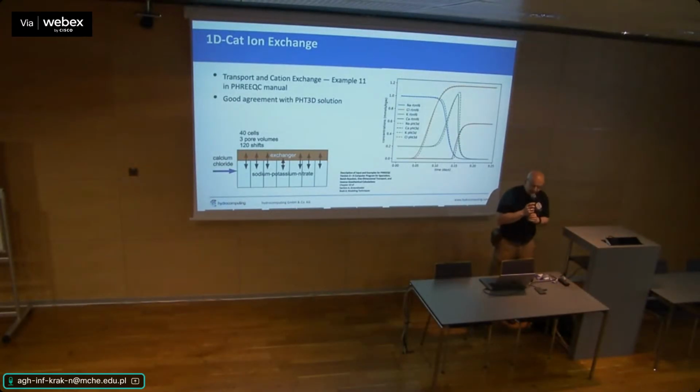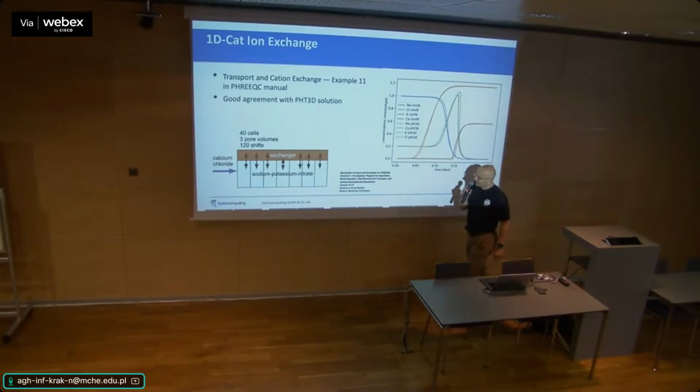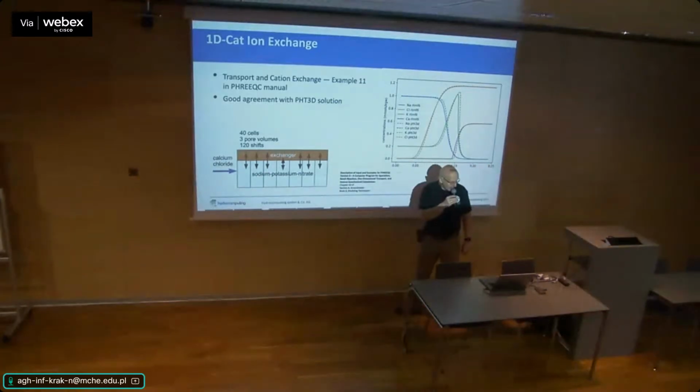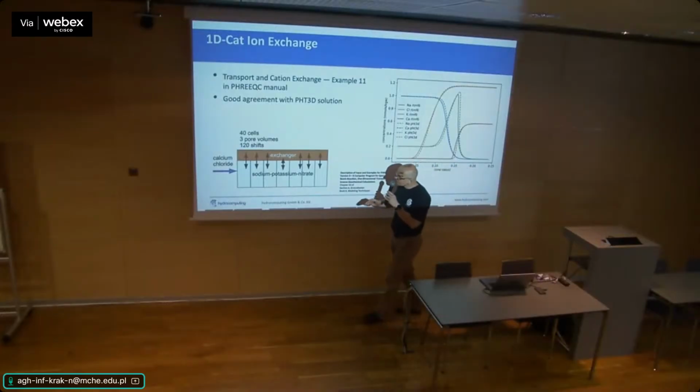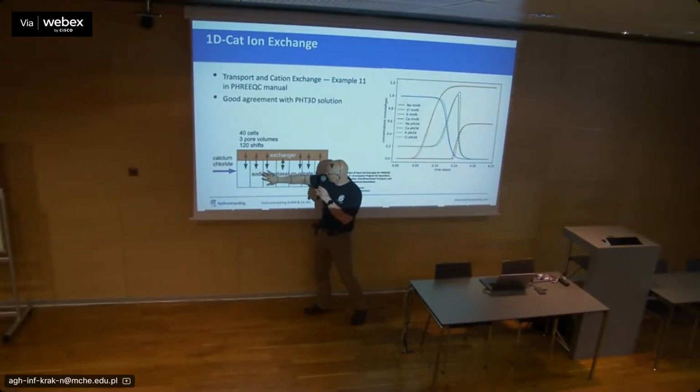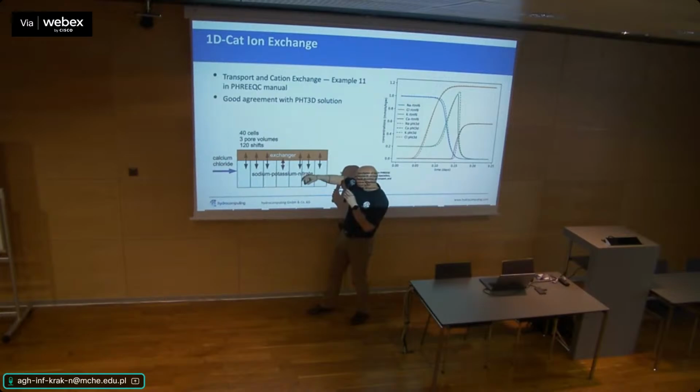Good. Now let's look at some results of what's coming out of it. This is a very, very basic example. It's a 1D exchanger setup, like a column experiment, and you have your solution with chloride, potassium, nitrate, and you have your exchanger, and this one can exchange.